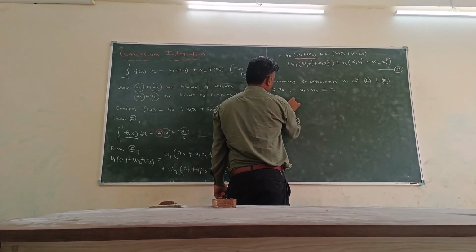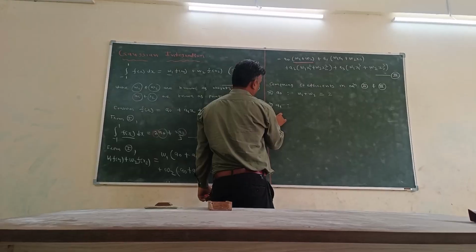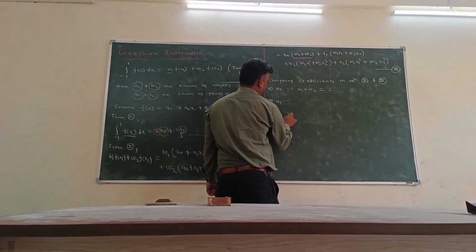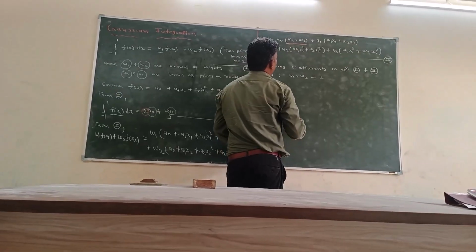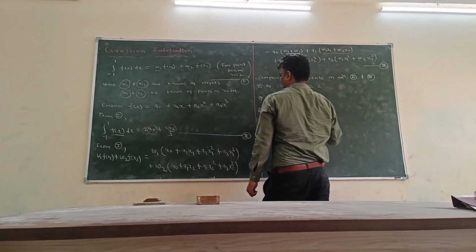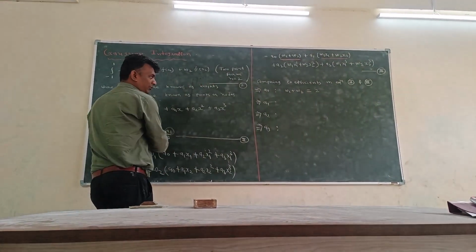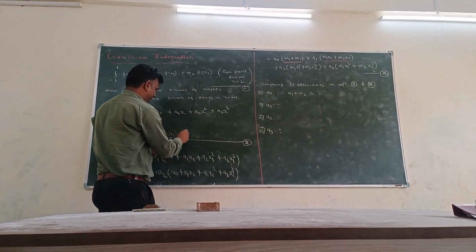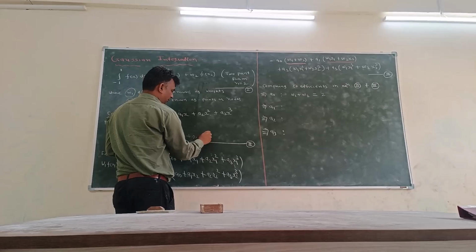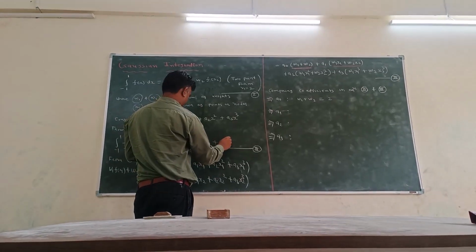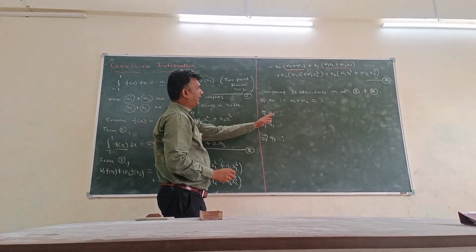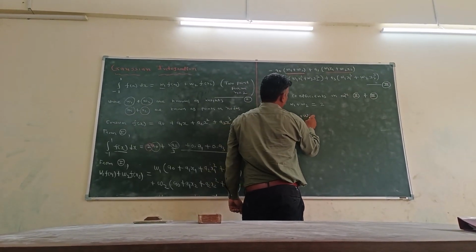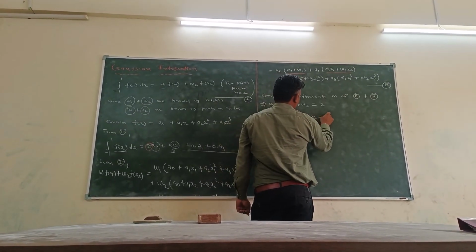Now let us compare the coefficients of a1, a2 and a3. So what about a1? Here there is no a1, so we can write this as 0 into a1 plus 0 into a3. So look at here, W1x1 plus W2x2 is equal to 0.